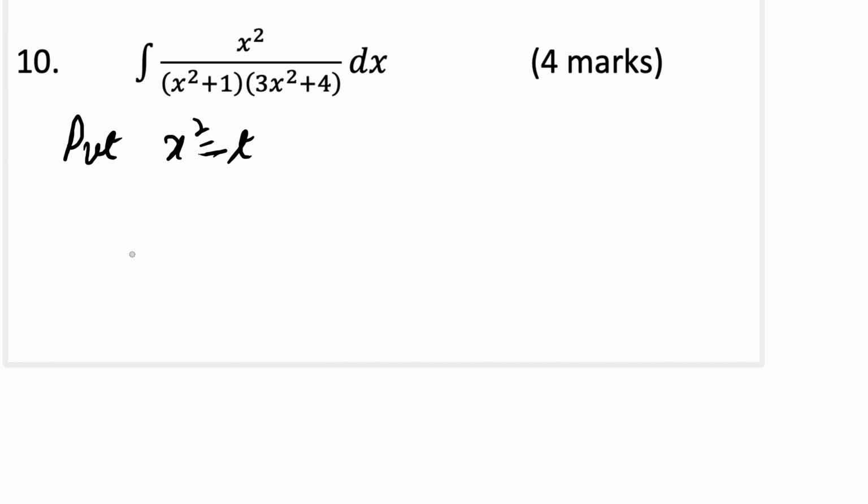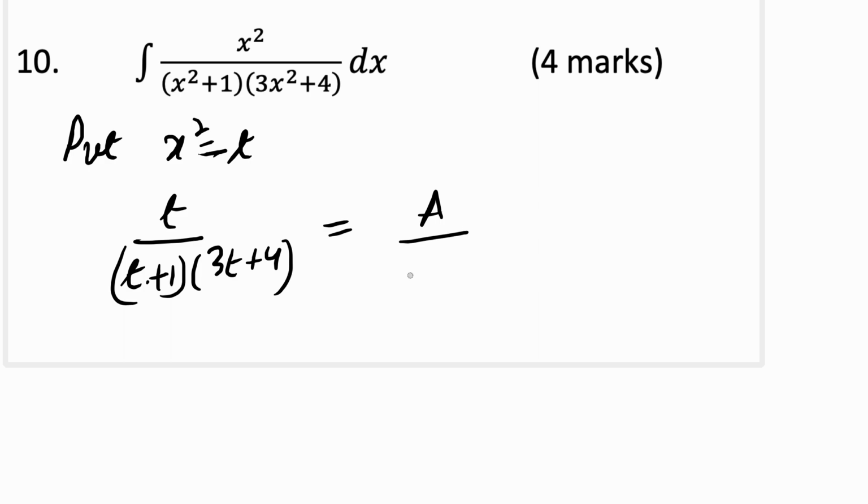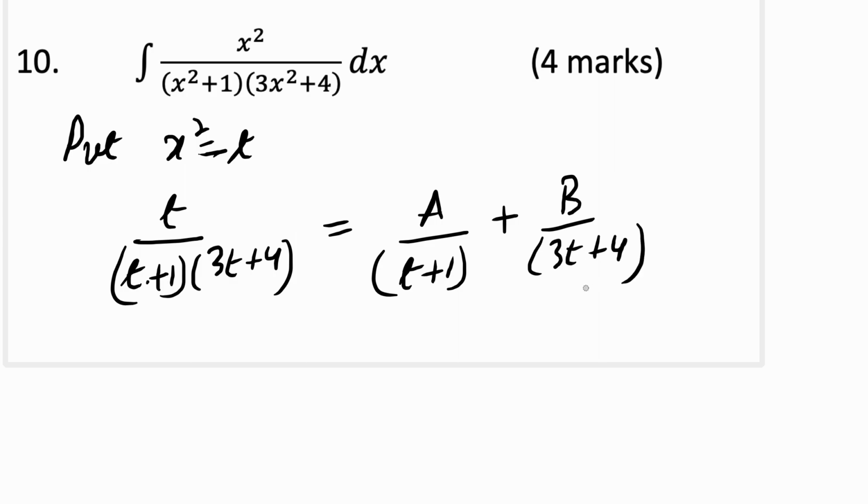Okay, so we will write t upon (t plus 1)(3t plus 4), sorry, I did it wrong, and this we'll write as a upon t plus 1 plus b upon 3t plus 4.